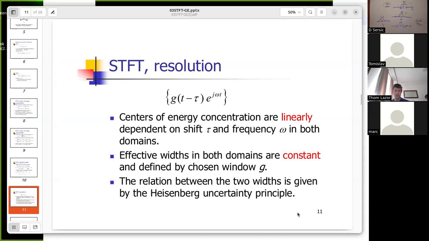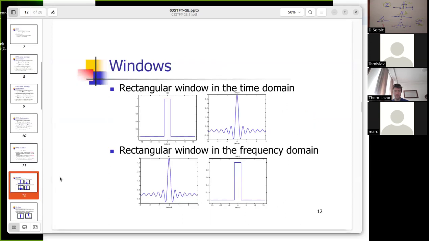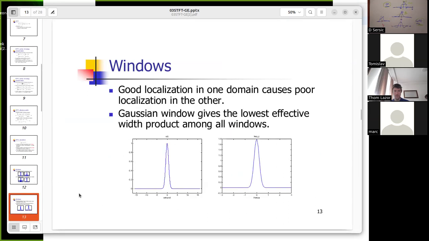So you're gonna get the same number. The relation between the two widths is given by the Heisenberg uncertainty principle. Here you can see two examples. If you choose a rectangular window in the time domain, in that case you have a sinc function in the frequency domain and vice versa.